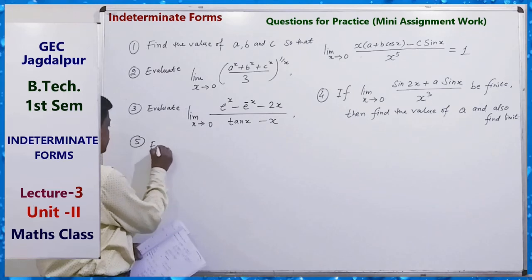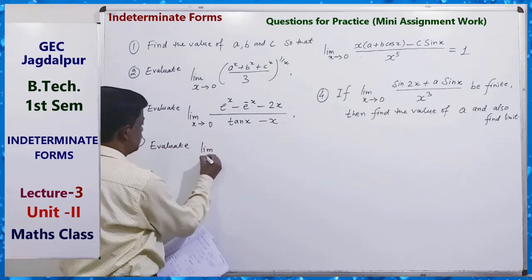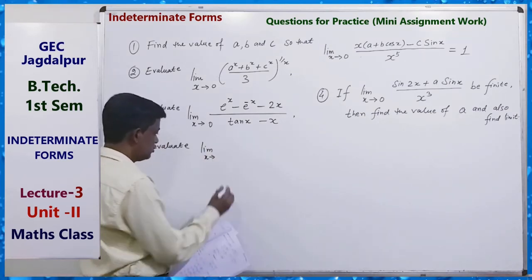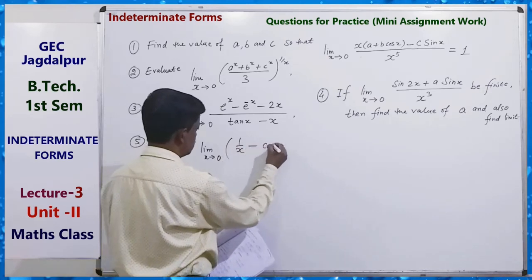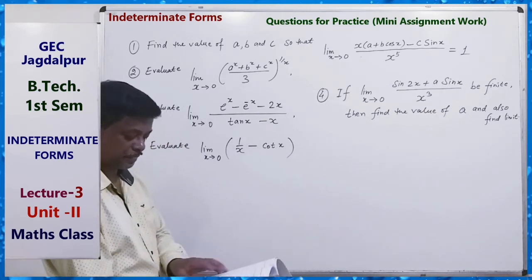Now question 5. Evaluate the limit as x tending to 0 of (1 by x minus cot x). Okay.